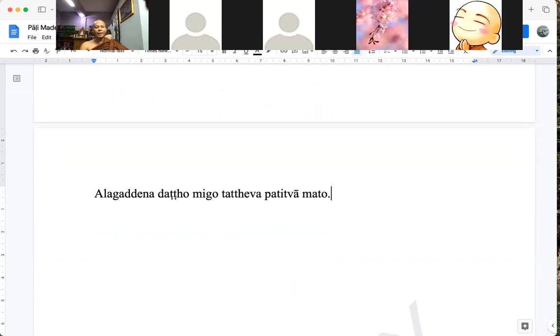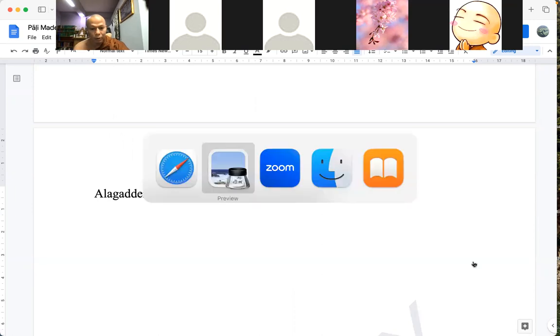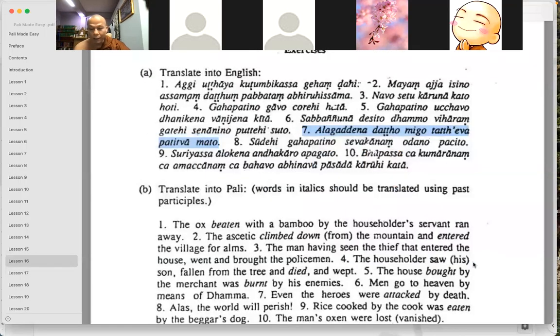So ala gadina dato migo datewa baditawa mato. Is it right?